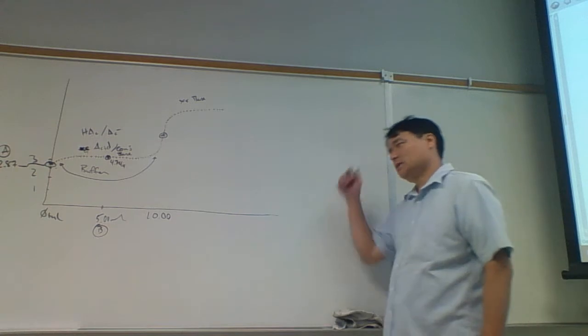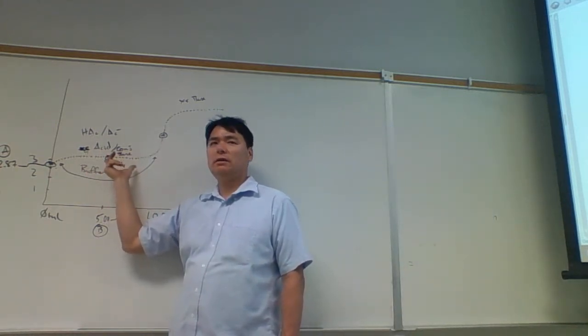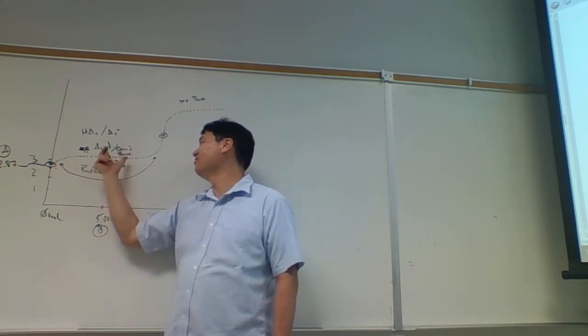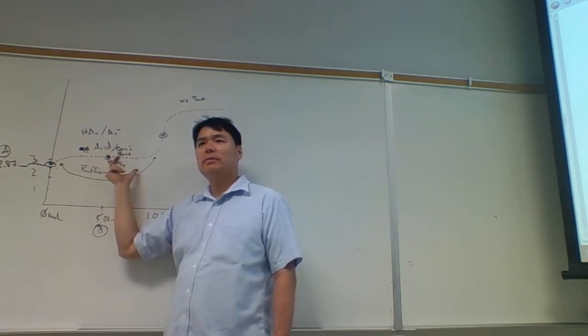The buffer range is, we don't want to go beyond plus or minus 1 of the pKa. And so the buffer range for acetic acid, acetate, would be 3.74 to 5.74.